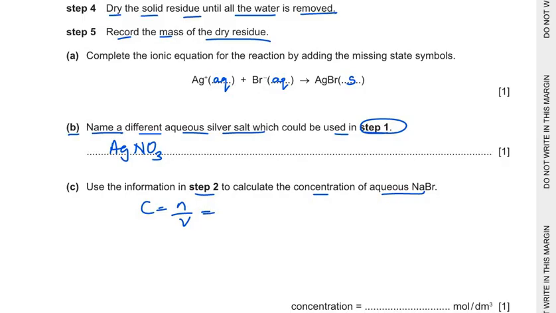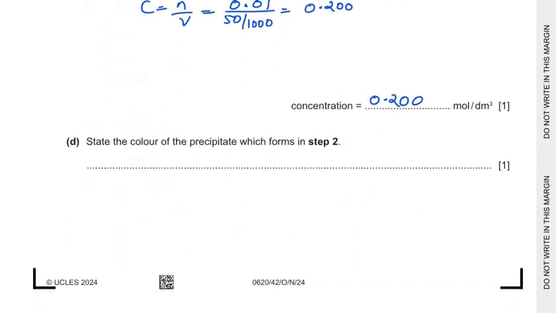So 0.01 moles of bromide ions upon the volume, which is 50 cm³, but then we need to divide it by 1000 to change it to dm³, and so on multiplication and division we get 0.200 moles per dm³. So our answer is 0.200.